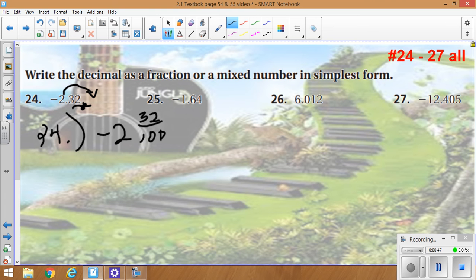And now what we're going to do is find the common factor between 32 and 100, and since it's 4, we're going to divide by 4. So we get -2 and 8 over 25 when we divide numerator and denominator by 4.